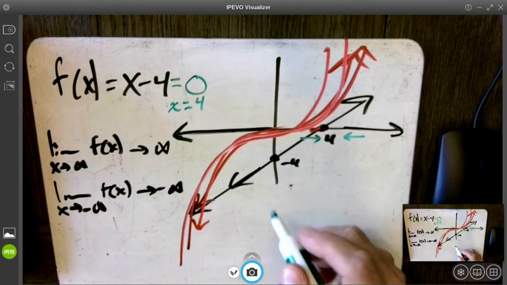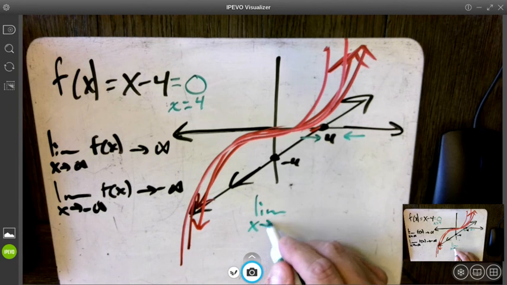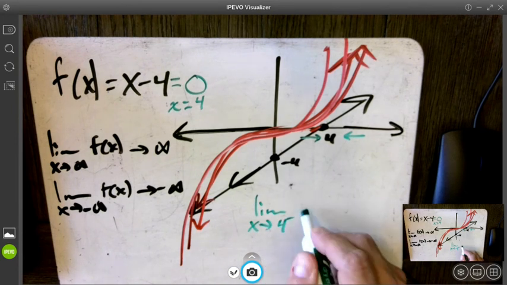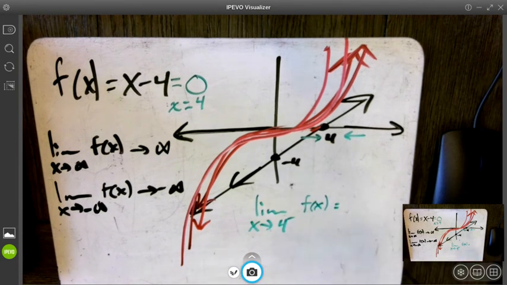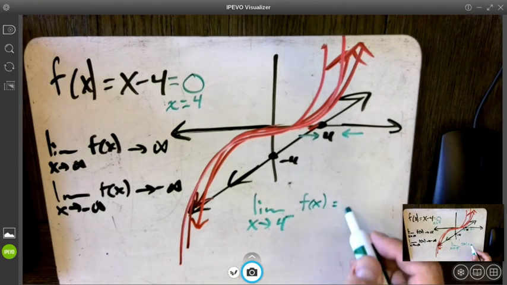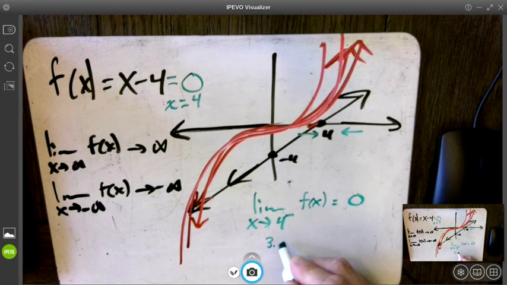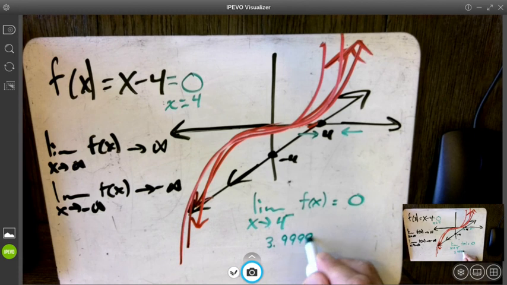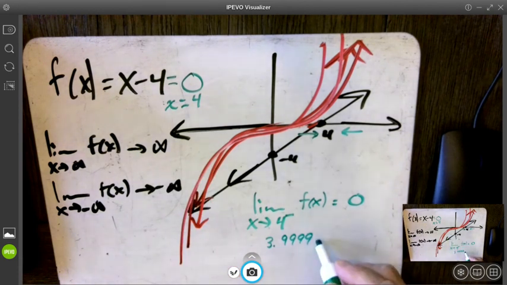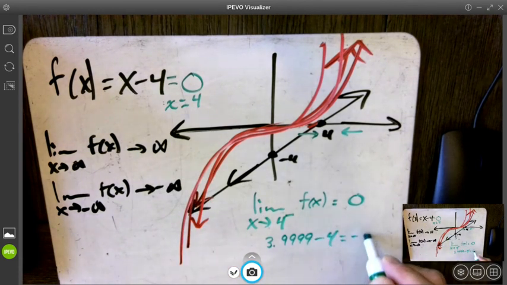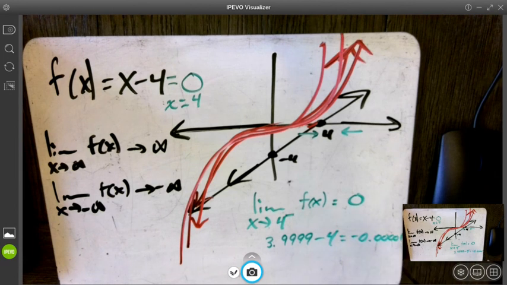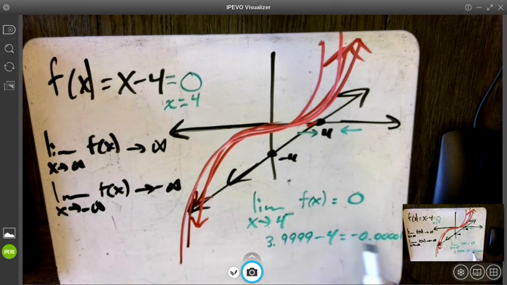But here's the gist. If I approach 4 from numbers that are slightly smaller than 4, like 3.9999999, I will get back the limit being 0. However, if you actually do the calculation with this thing, I'm putting in 3.999 for x, and I'm subtracting 4, I'm actually getting a number that is extraordinarily small, but negative.